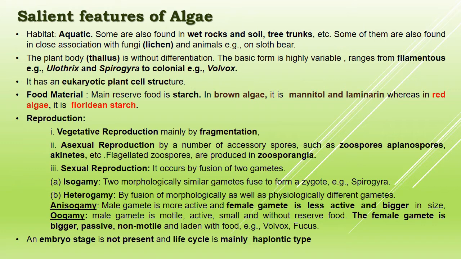Algae are of variable size and forms. The size ranges from microscopic unicellular forms like Chlamydomonas to colonial forms like Volvox. Each mature Volvox colony is composed of numerous flagellate cells.